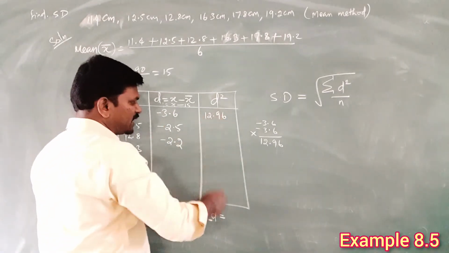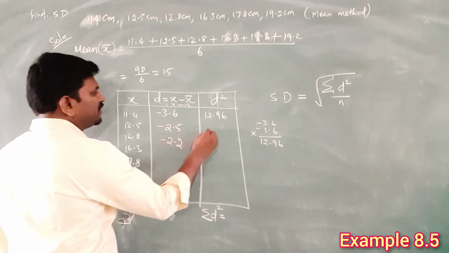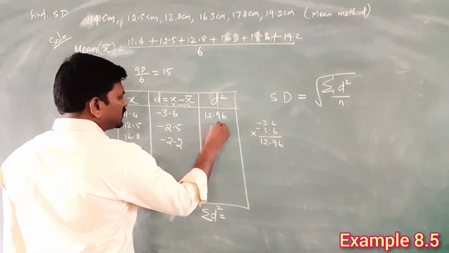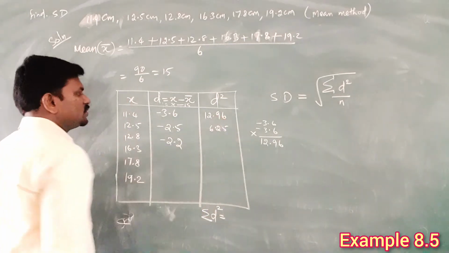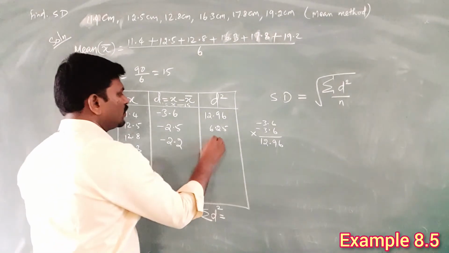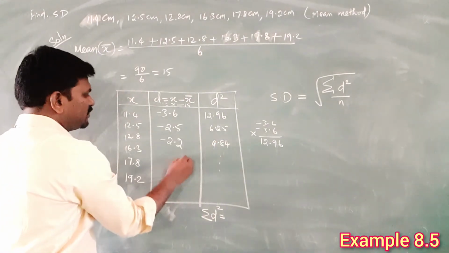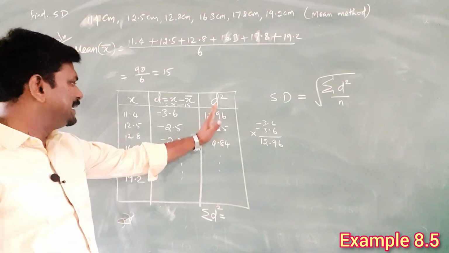So all the numbers will be positive here. Like that, 2.5 into 2.5 is 6.25, and 2.2 into 2.2 is 4.84. Like that you have to find all the d squares.